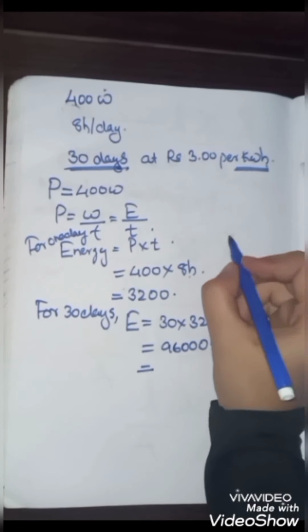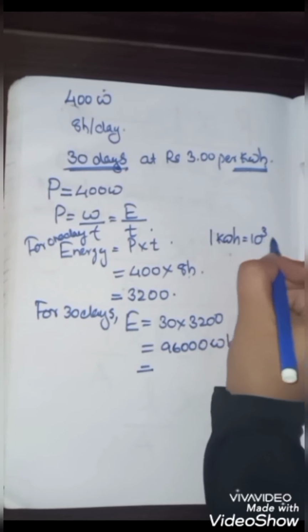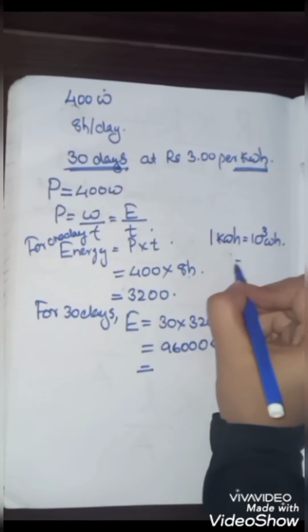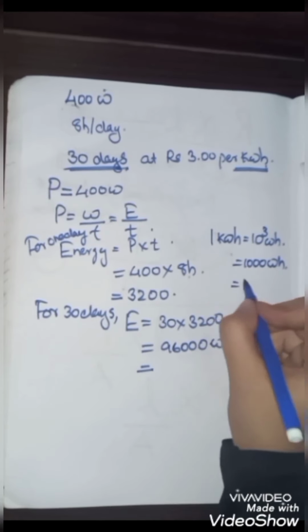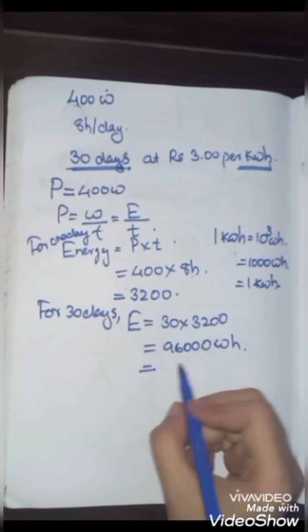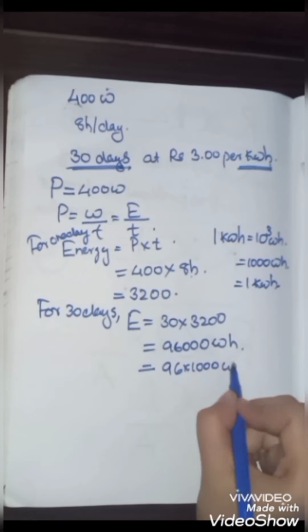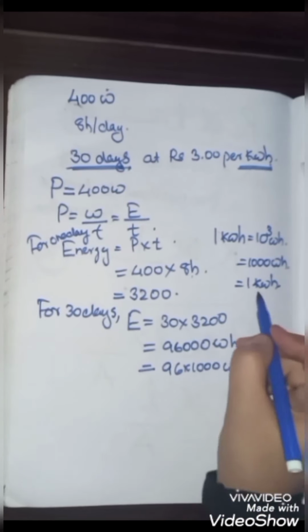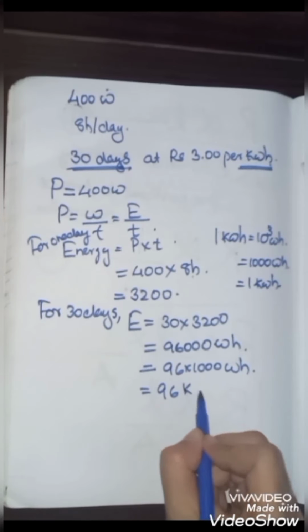How? 1 kilowatt hour is equal to 10 raised to 3 watt hour, or 1000 watt hour is equal to 1 kilowatt hour. Then we can write it as 96 into 1000 watt hour, that is 96 kilowatt hour.